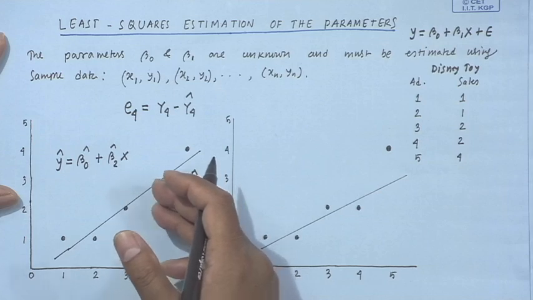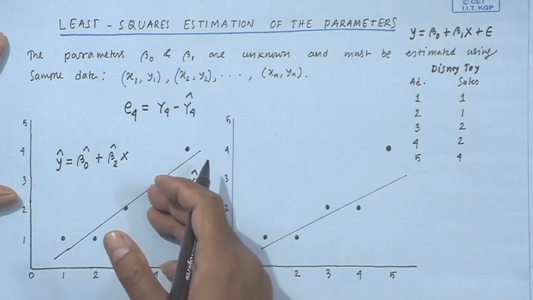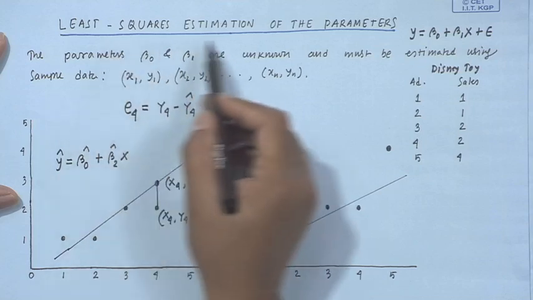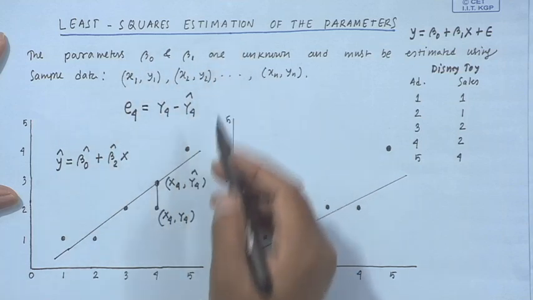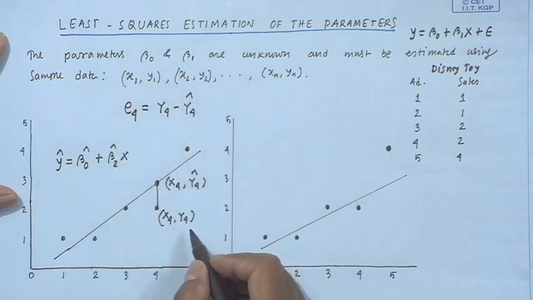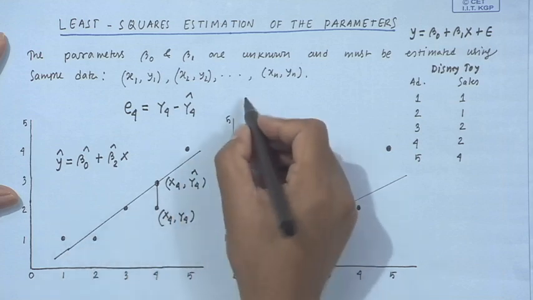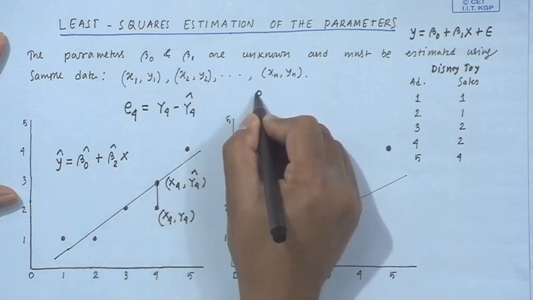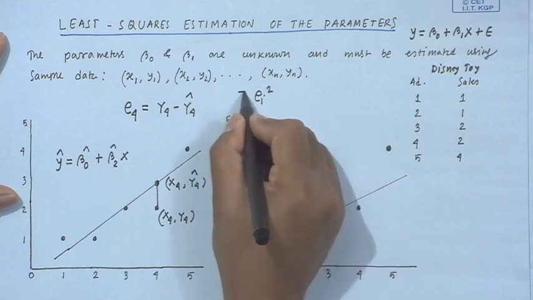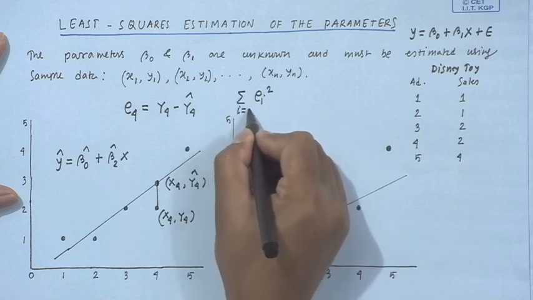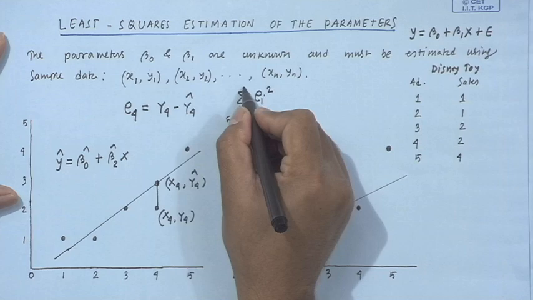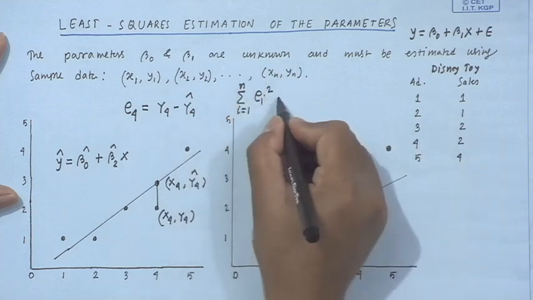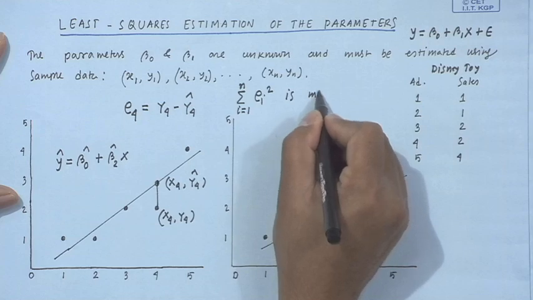This is what we mean by the vertical discrepancy, and what the least square technique does is that it fits a model such that this summation e i square for i equal to 1 to n, in general, but here it is 1 to 5, is minimum.